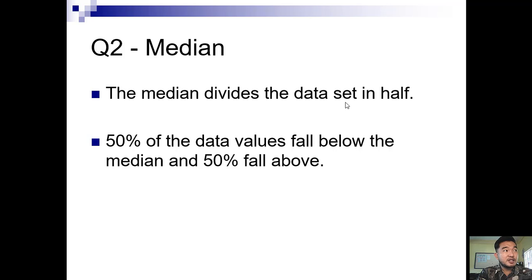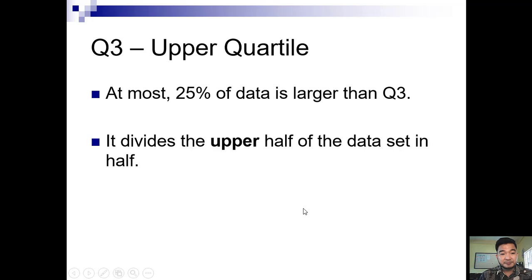Ngayon, si first quartile naman, hinahati niya yung lower half into another half. Then 50% of the data values fall below the median and 50% fall above. Kaya nga siya tinawag na median, yung kalahati ng set of scores mas mababa sa kanya, yung kalahati ng set of scores mas mataas sa kanya.